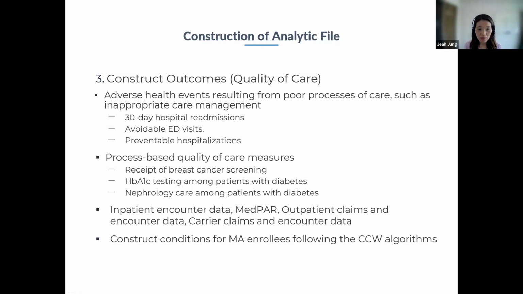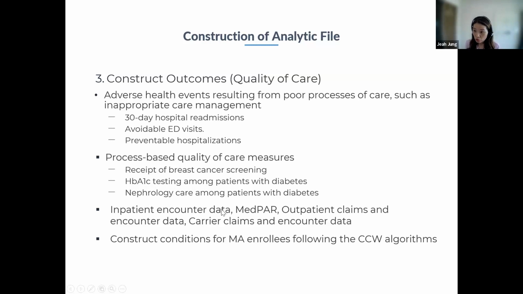So it's not improving quality of care, but might be just reducing utilization of any hospitalization, etc. So we wanted to look at some quality measures that might have potentially increased in MA when it's particularly appropriate. So we had three process-based quality of care measures: the receipt of breast cancer screening, HbA1c testing among patients with diabetes, and nephrology care among patients with diabetes.